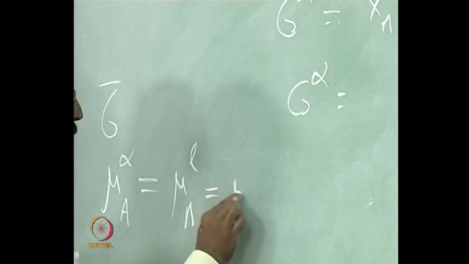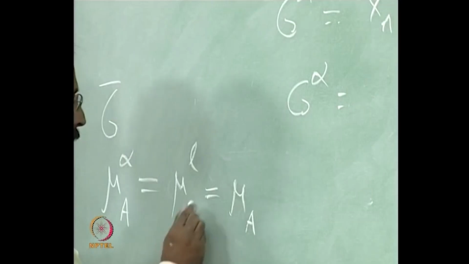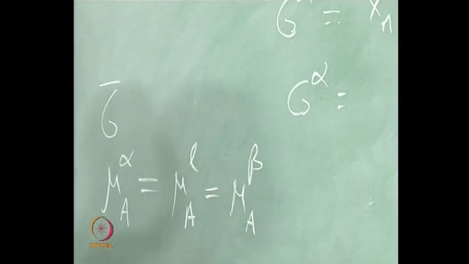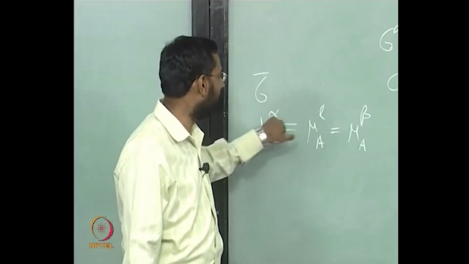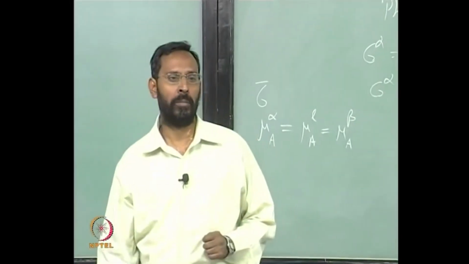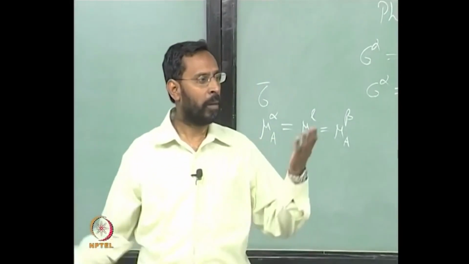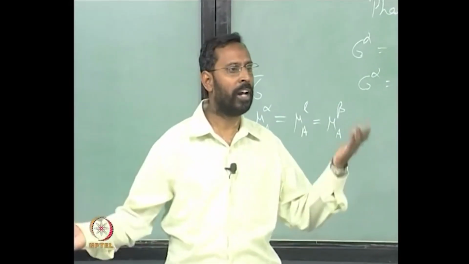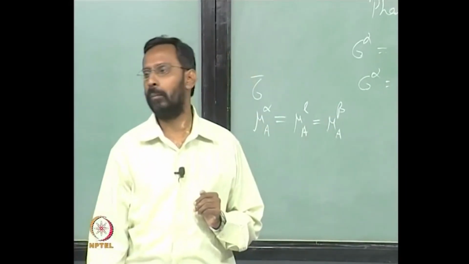in alpha, liquid, let us say, and beta or whatever number of phases that are present, if the chemical potential of a particular element in different phases is equal, then we say they are in equilibrium. The reason is once the chemical potential is equal, there is no driving force for atom movement.